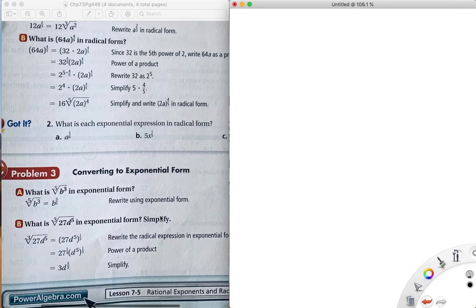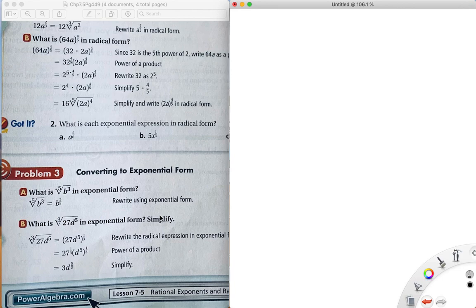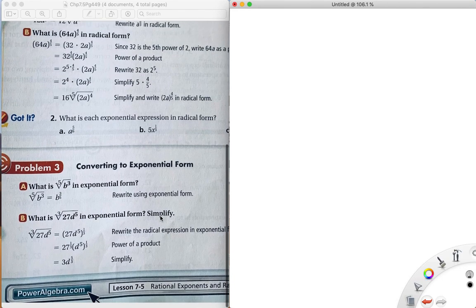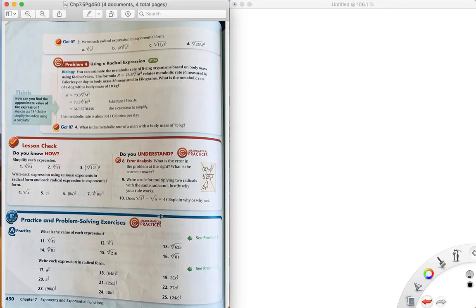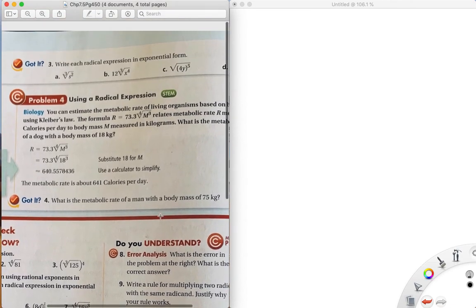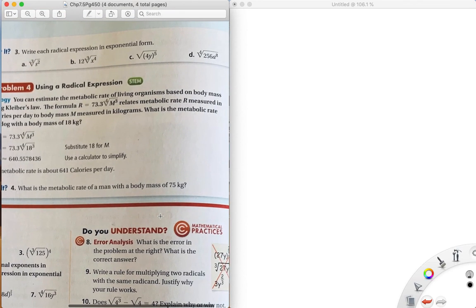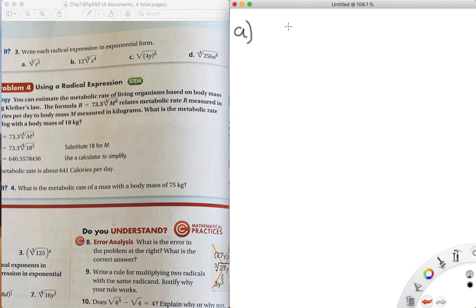And then converting things that are in radical form into exponential form. So there is, got it, 3a.